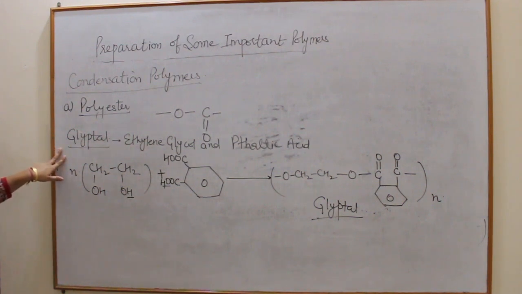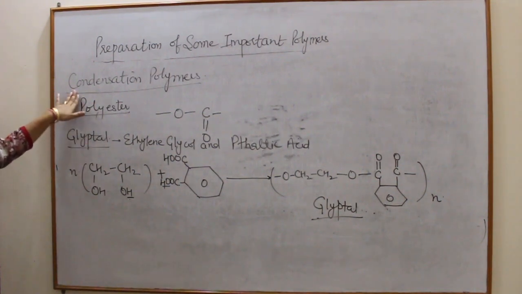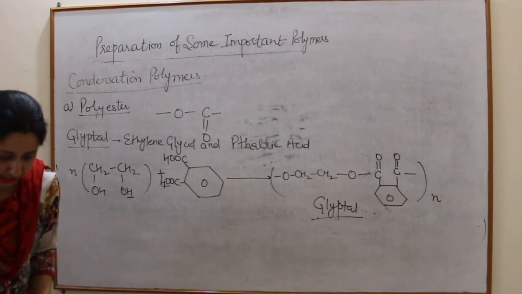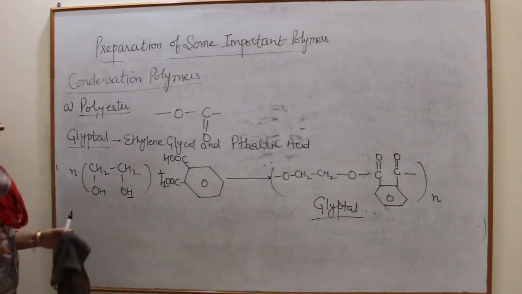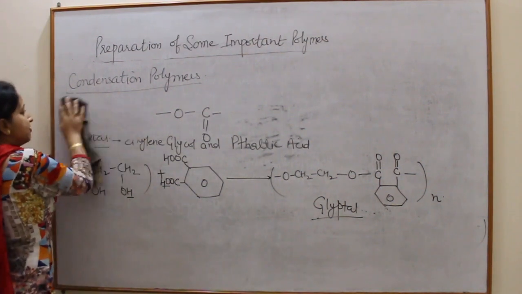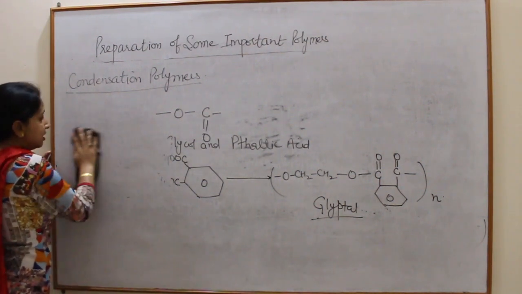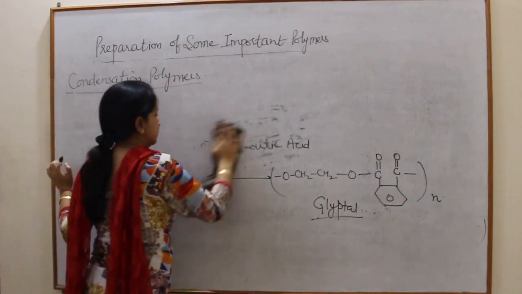These two polymers were under the category of polyesters and they were under the category of condensation polymers. Second is polyamides. The second type of condensation polymers are polyamides.